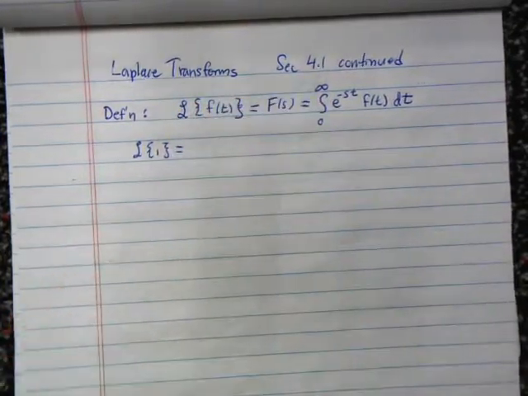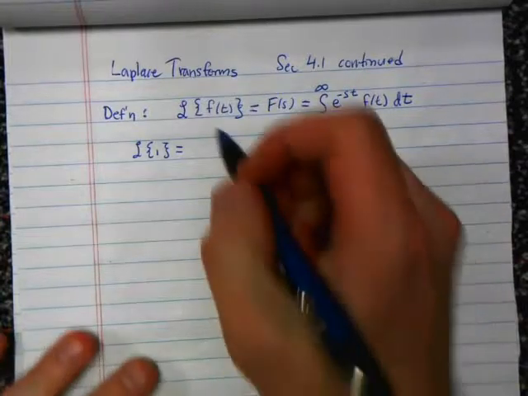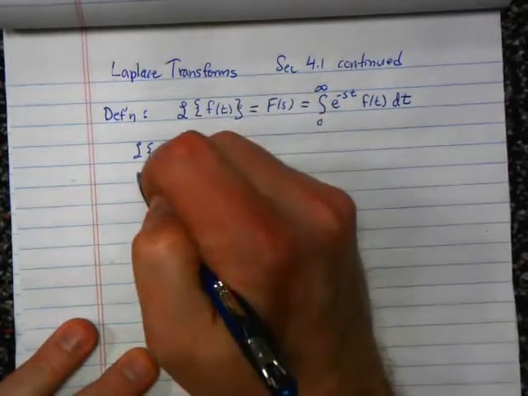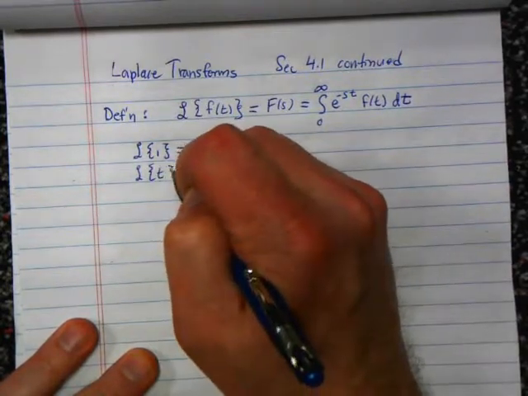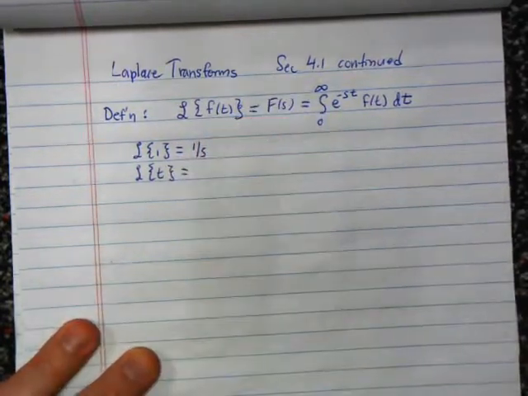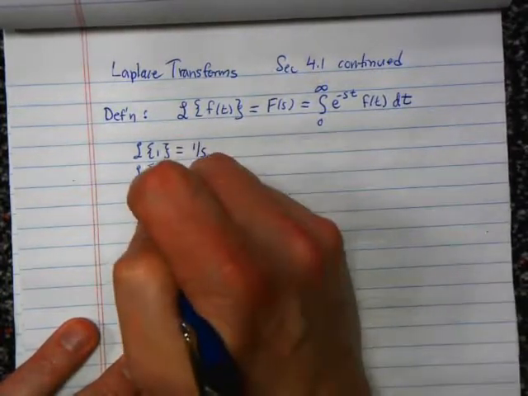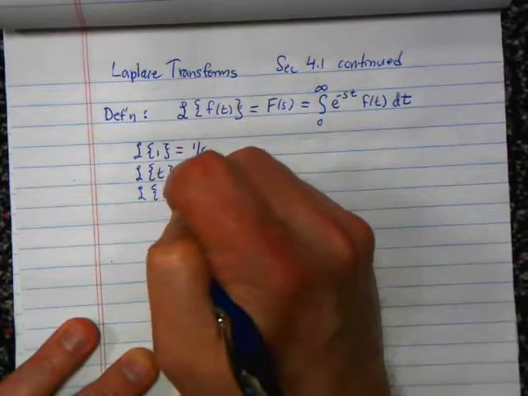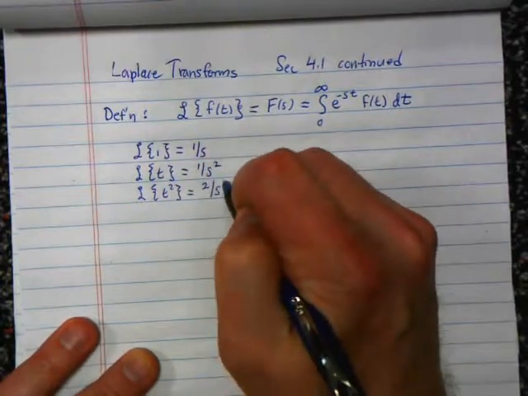For example, we discovered the Laplace transform of 1 was 1 over s. And we discovered that the Laplace transform of t was 1 over s squared. The Laplace transform of t squared, 2 over s cubed.